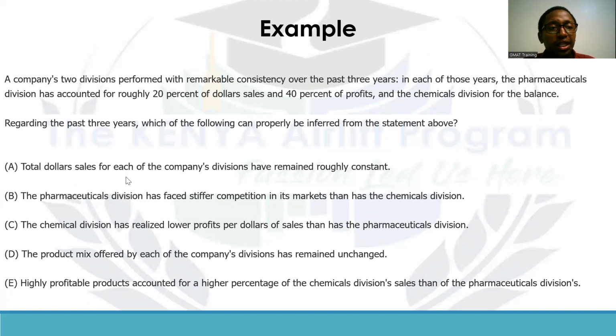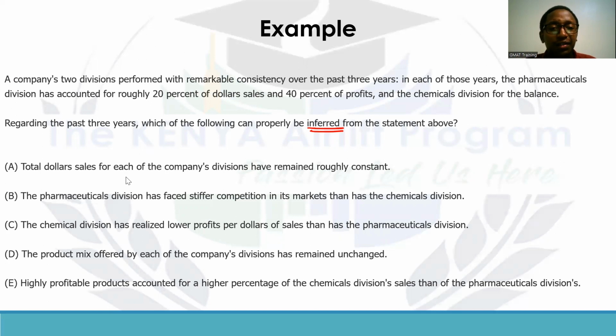So here now we have a company that has two divisions performing remarkably consistent over the past 3 years. So the question says, regarding the past 3 years, which of the following can properly be inferred from the statement above? So these inference questions, they never have a conclusion.